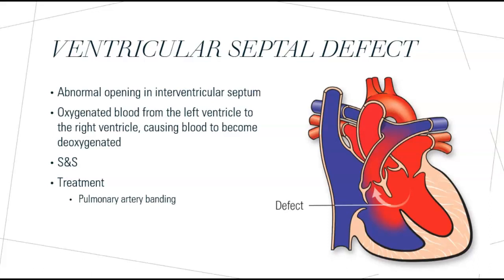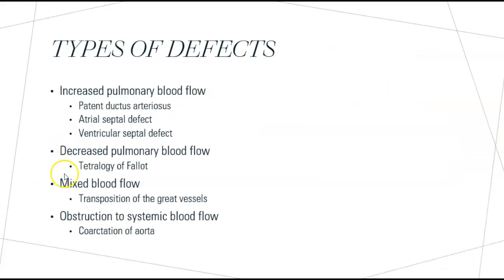There's also pulmonary artery banding, and this is a palliative procedure. Basically, it impedes the blood flow from the right ventricle to the pulmonary circulation, and that helps reduce the pulmonary congestion that can occur. Next, we'll move on to defects that decrease pulmonary blood flow, so we will talk about Tetralogy of Fallot.